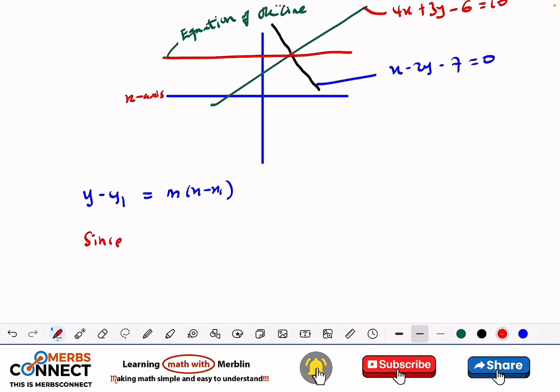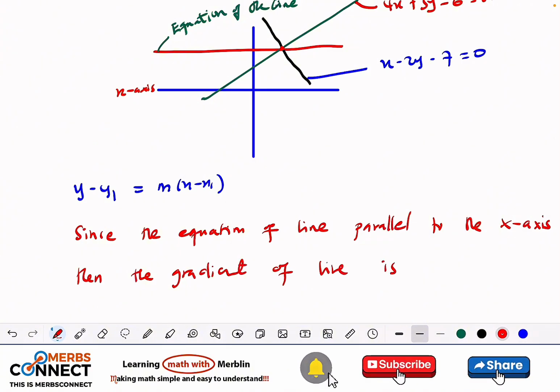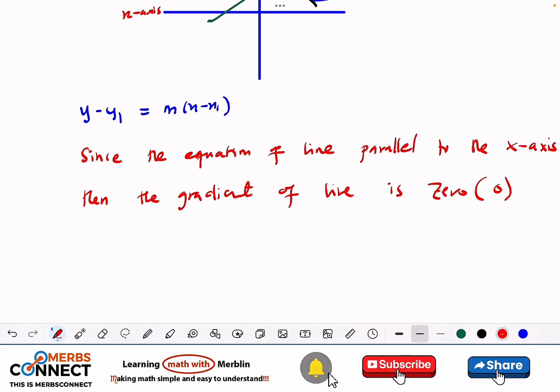Since the equation of the line is parallel to the x-axis, the gradient of the line is 0. So now that we know that the slope is 0, what will happen?